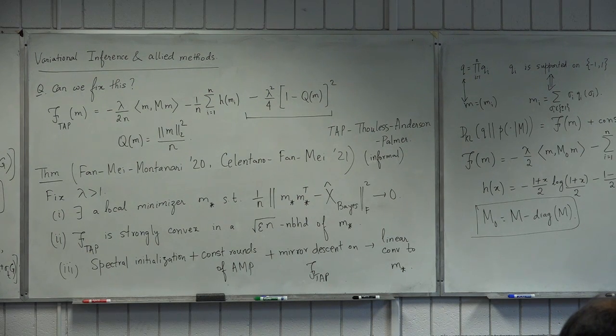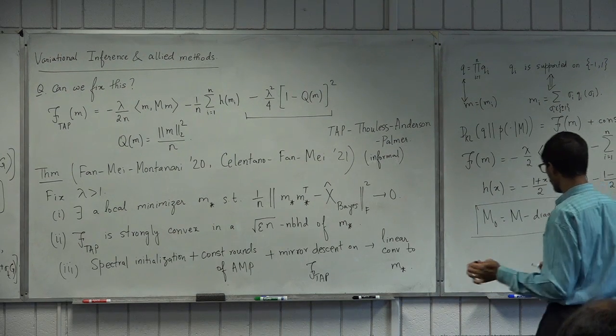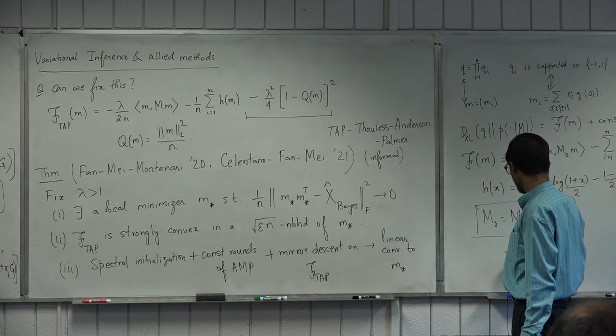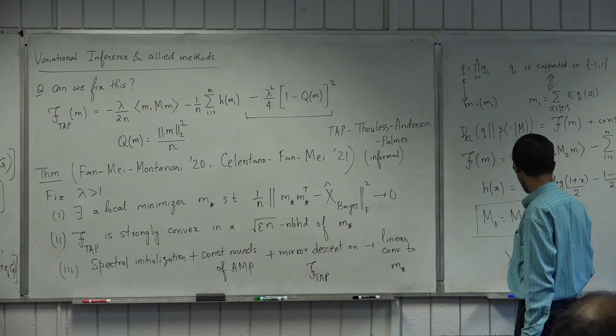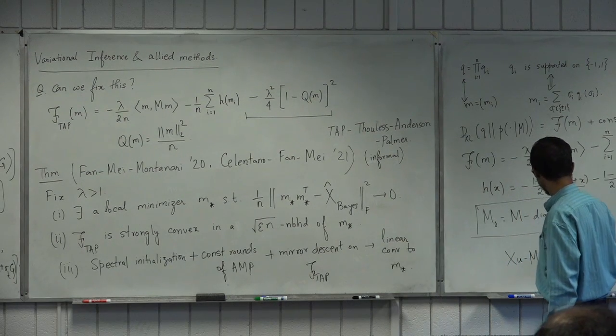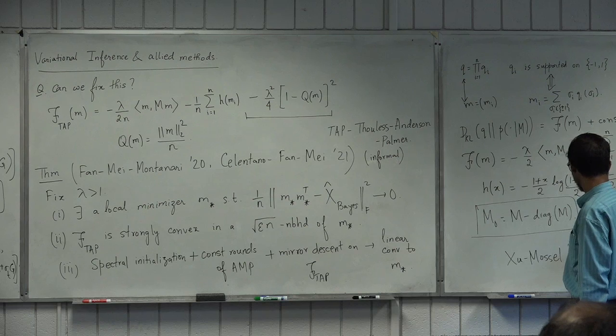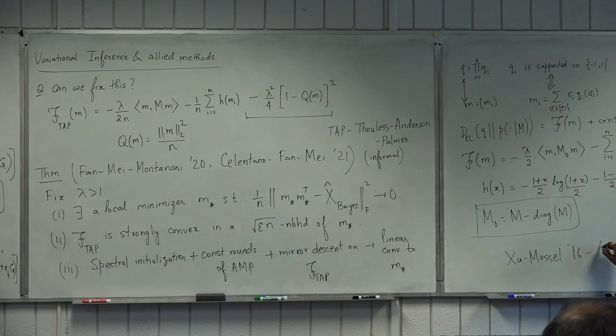Especially in the context of problems with sparse graphs like community detection, we simply still don't have the tools to answer these questions. The only paper I know is by Jiaming Xu and Elchanan Mossel from 2016, I think, that talks about optimal recovery for community detection.